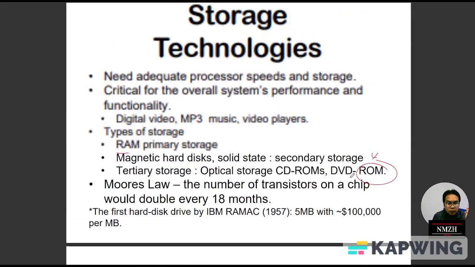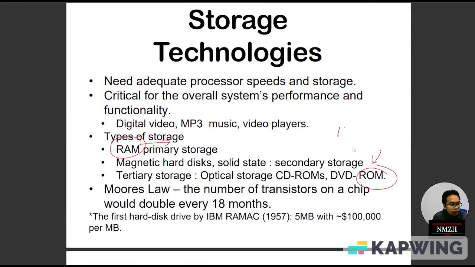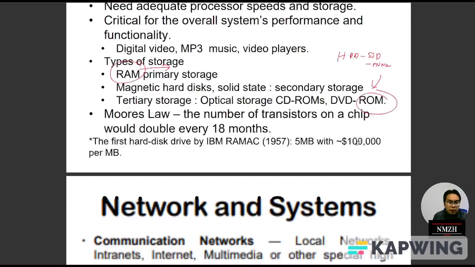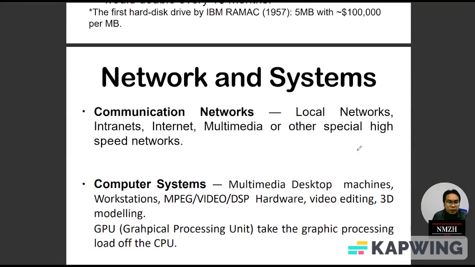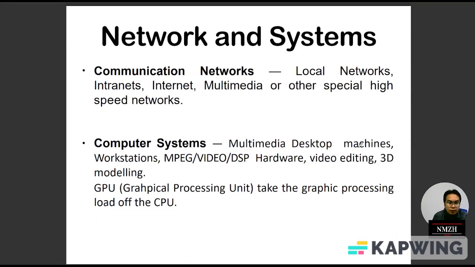I think we could say we have HDD, what else? SSD, NVMe. So that would be the place where we store something. And then the network system, I think. This one is the local network, and you might be familiar with the internet and so on.